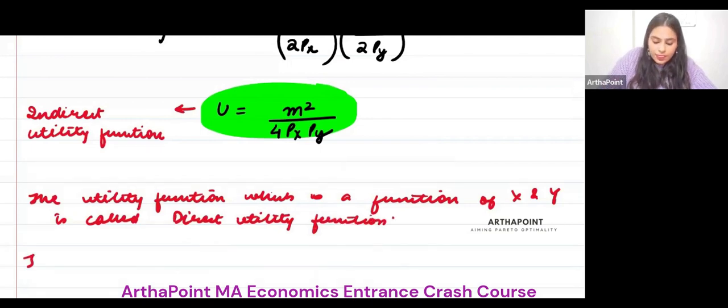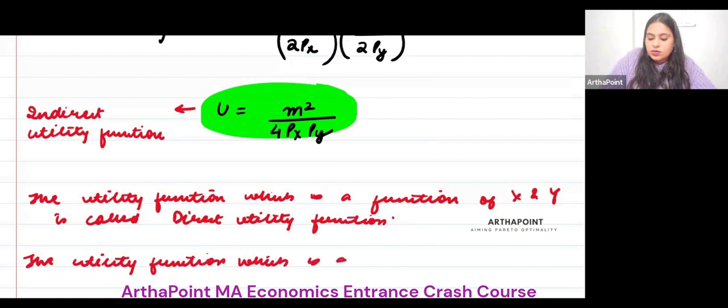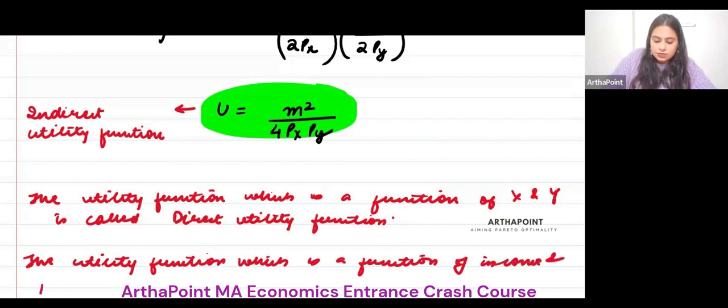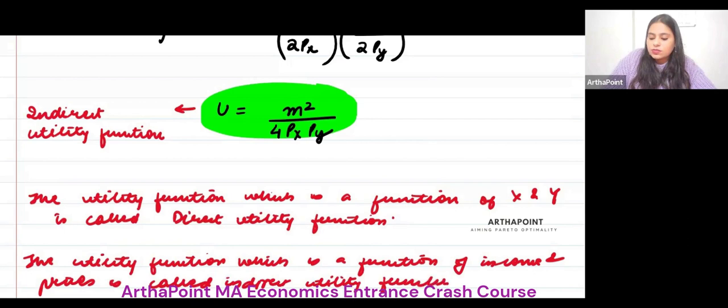Please continue. The utility function, which is a function of income and prices, is called indirect utility function.